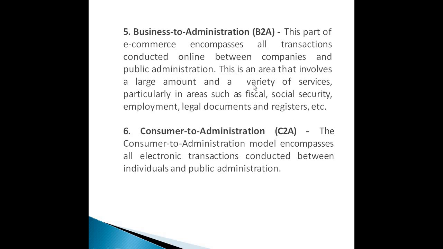So where it is related to administration, business to their administration. Now next is the consumer to administration, that is C2A. In this model, all electronic transactions are conducted between individuals and public administration.